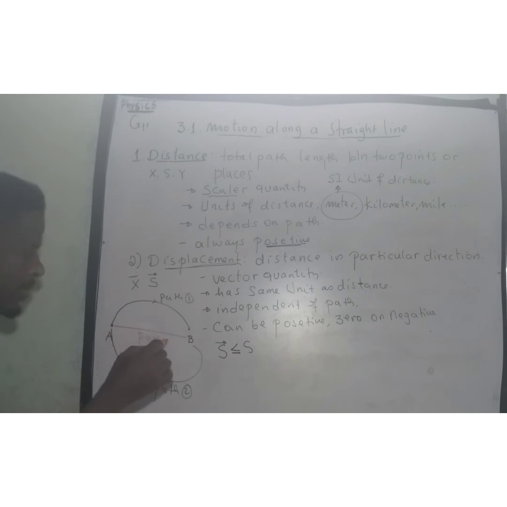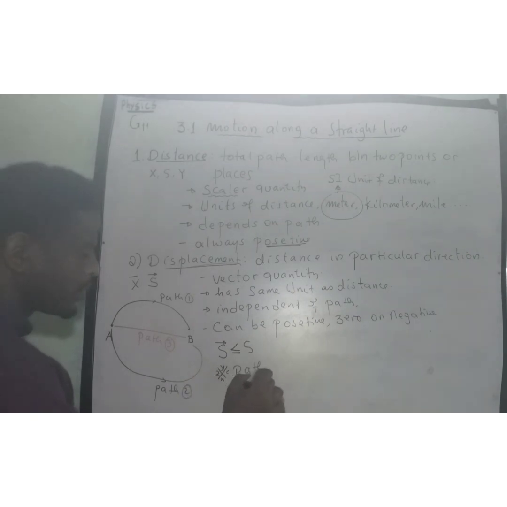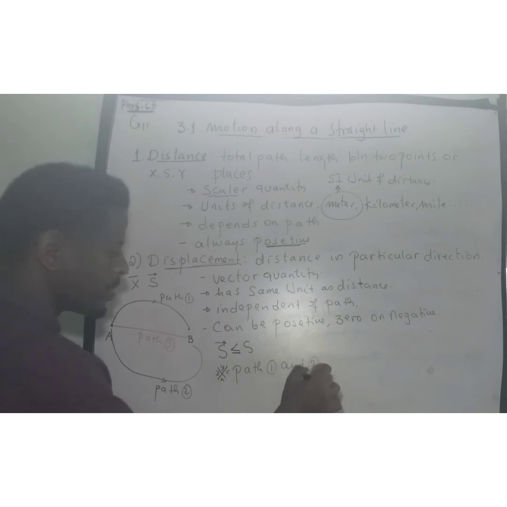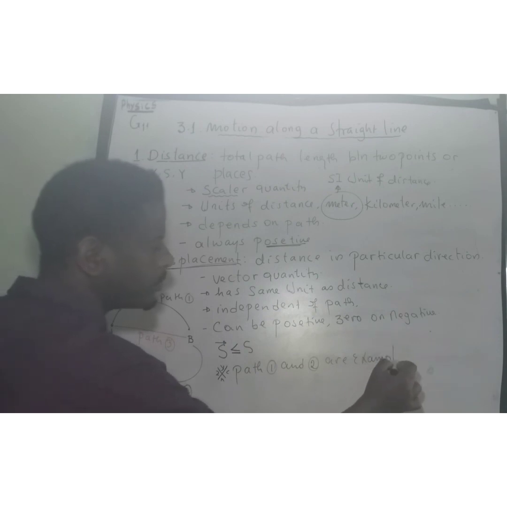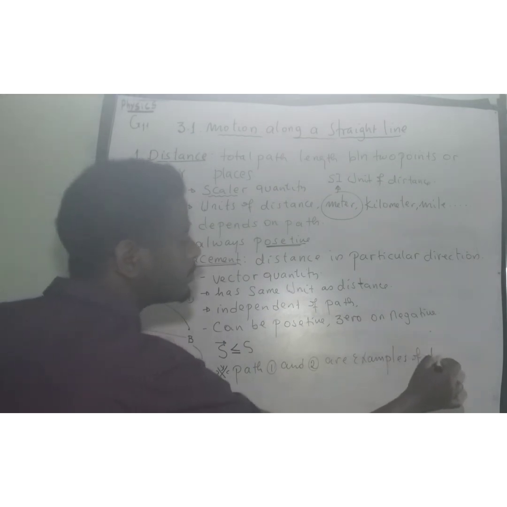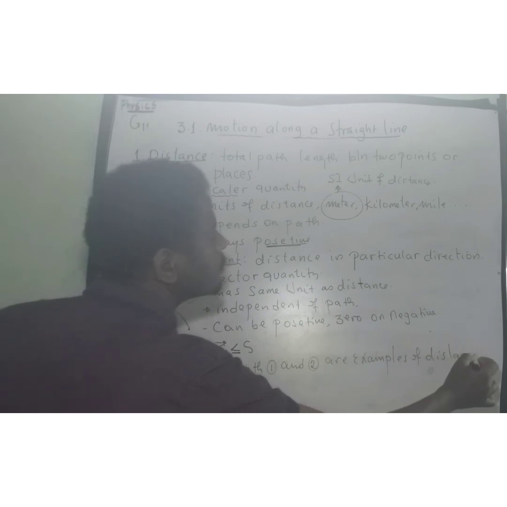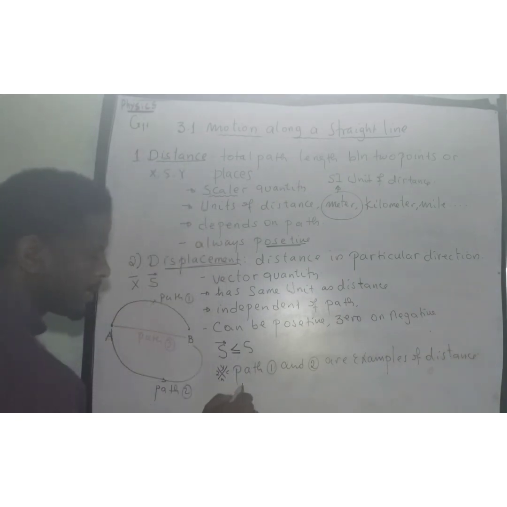This is path 3. Therefore, path 3 is displacement, and path 1 and path 2 are examples of distance.